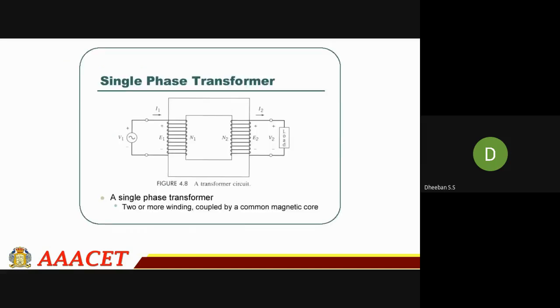So this is how your single phase transformer looks. We have I1, I2, induced EMF E1, induced EMF at the secondary E2, number of turns N1, number of turns N2, and finally your load will be connected.